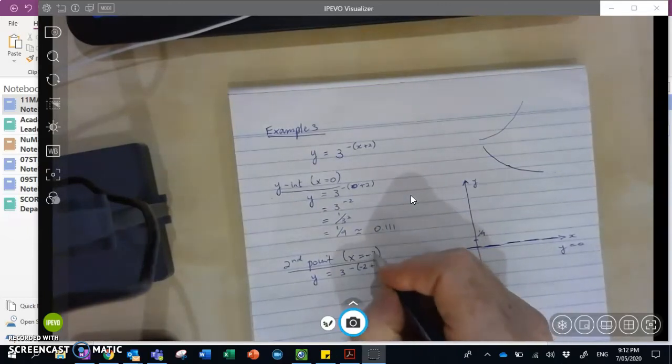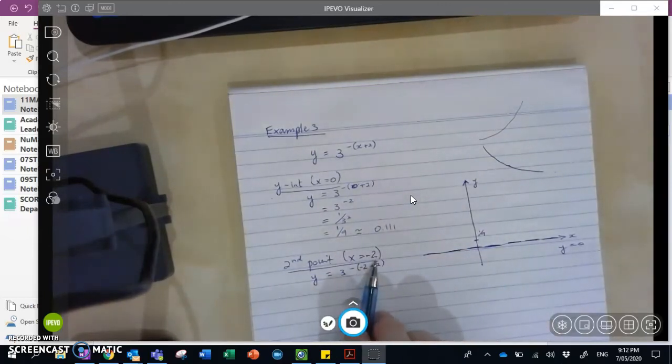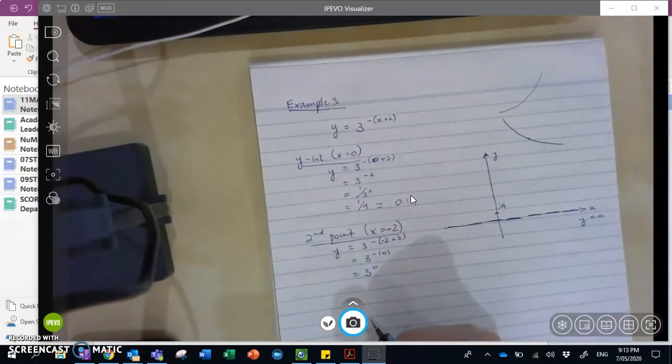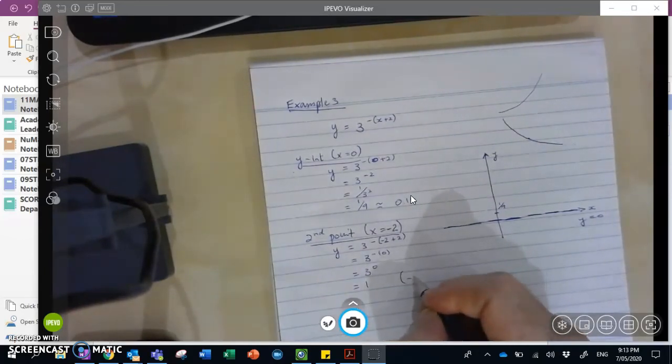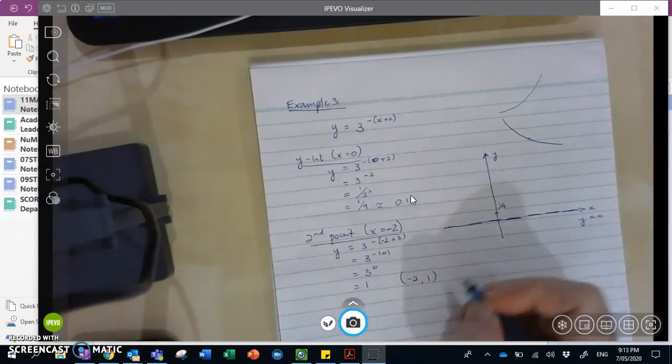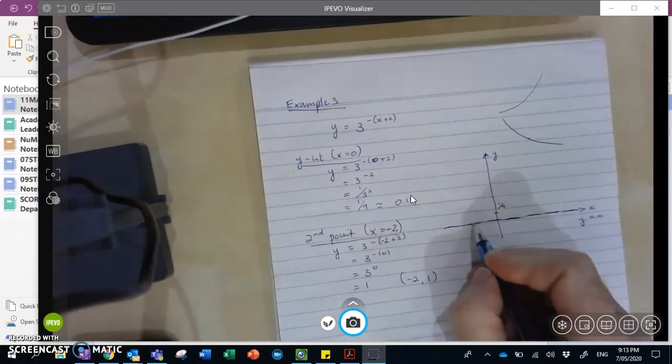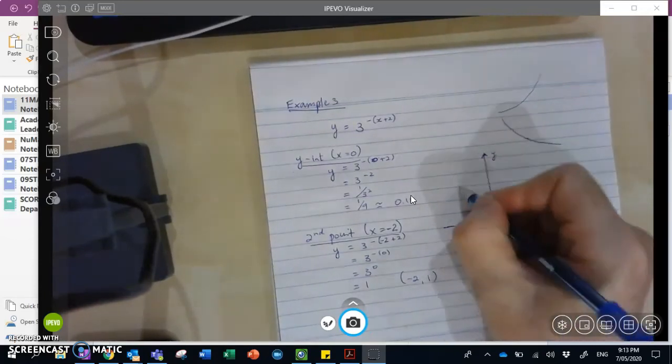So I'm going to, with a bit of forethought, choose a value of -2 there. And that would mean I'll have 3 to the value of -0. Of course, there is no such thing as -0, it is just 0. So 3 to the power 0, which is 1. And that gives me a coordinate pair as -2 and 1. So we come over here as -2, and we go up here to 1.